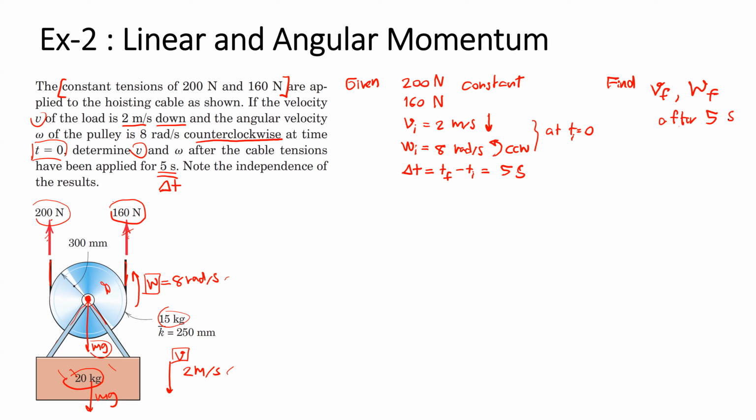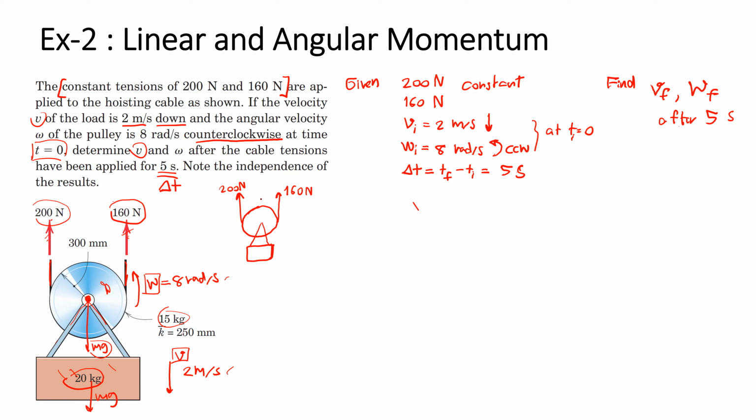So let's draw the free body diagram. We have the pulley and it's connected to the load, right? We have the forces in the upward direction, 160 Newton and 200 Newton.